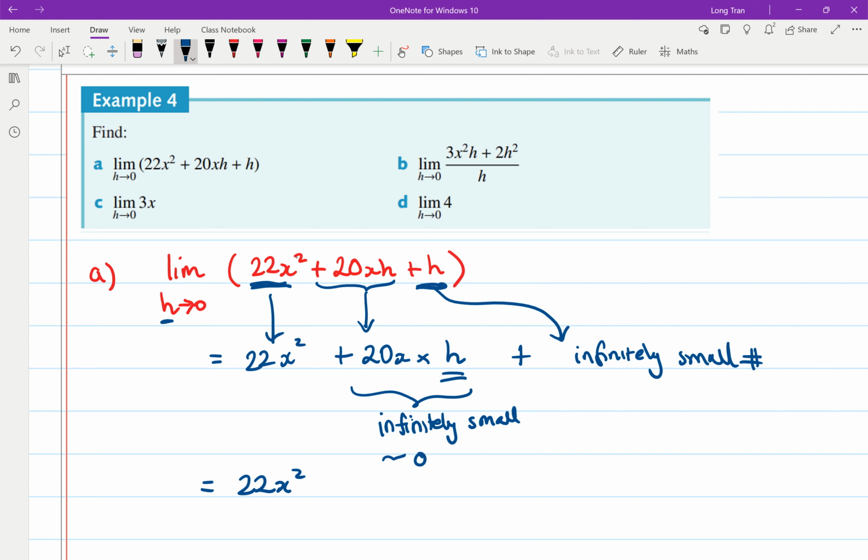Some of us will get 2 tails, some of us will get 10 tails or 10 heads. But in the long term, statistically, it will even out so that you end up getting about 50-50 in the larger scheme of things. That's the idea of limits.